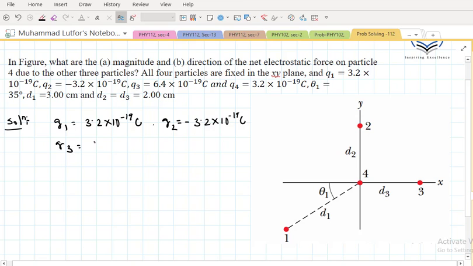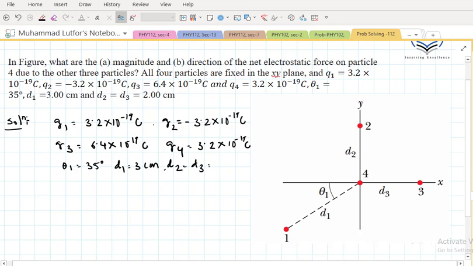Q3 is positive, double of Q1, 6.4 times 10 to the minus 19 coulomb, and Q4 is also plus 3.2 times 10 to the minus 19 coulomb. They also give theta as 35 degrees, D1 is 3 centimeters, and D2 equals D3, which is 2 centimeters. This is just given in the question.